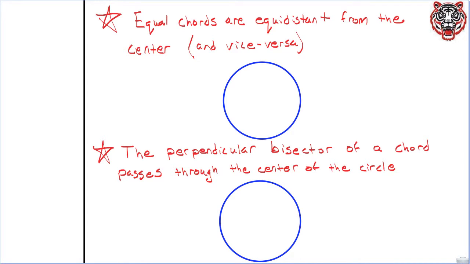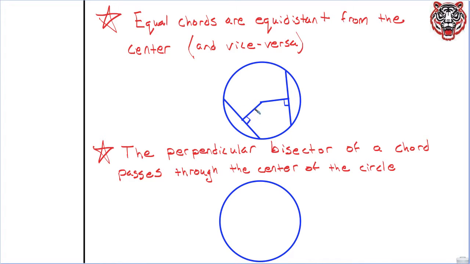So let's draw two chords, a chord like that and a chord like that, and then a line that goes to the chord and a line that goes to the chord. So this radius, the partial radius, needs to meet at a right angle here.